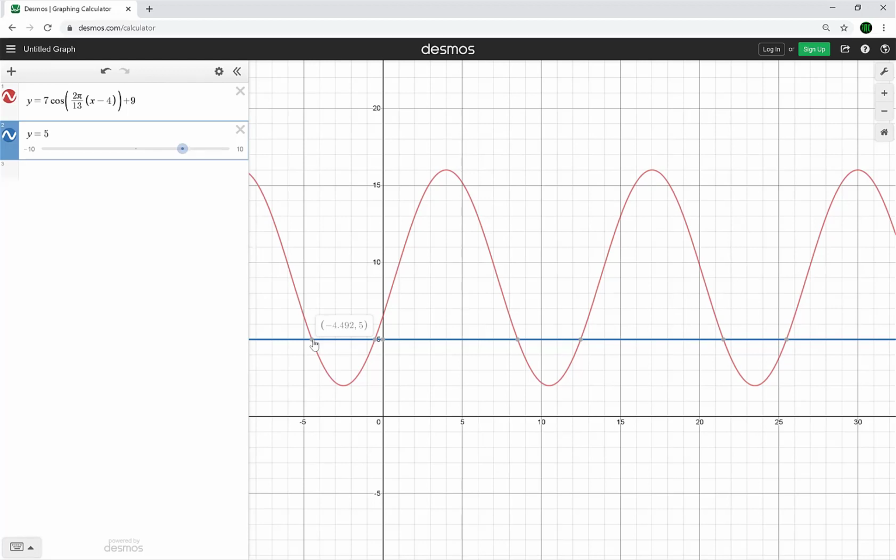Just the -4.492, comma, and then the next value, -0.508. So write -0.508, comma, then the next one, 8.508, comma, 12.492.